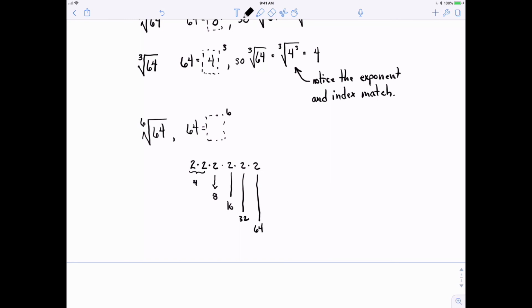So you can say that 64 is the same as 2 to the 6th. So the 6th root of 64 is equal to 2 raised to the 6th power. And again, index and exponent match.